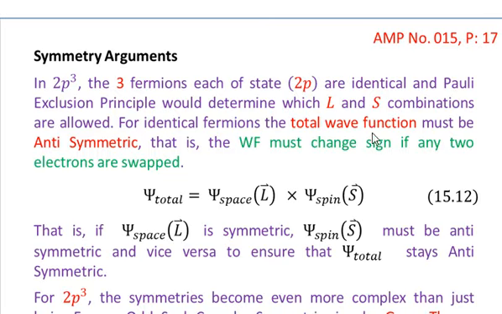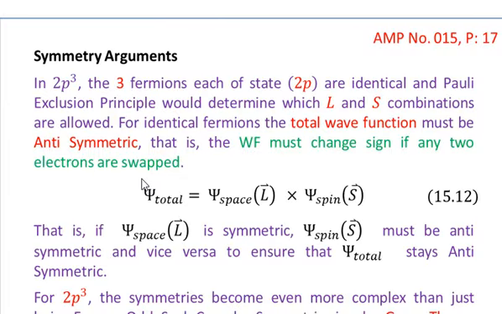So you see that this point is very important, which I am going to make. That is, for identical fermions, which is the present case, that is, 3 fermions are identical, the total wave function must be antisymmetric. That is, the wave function must change sign if any 2 electrons are swapped.